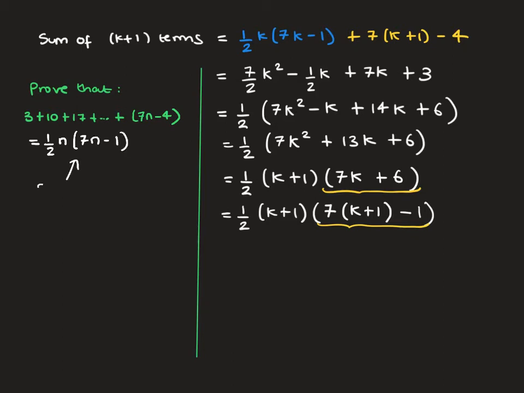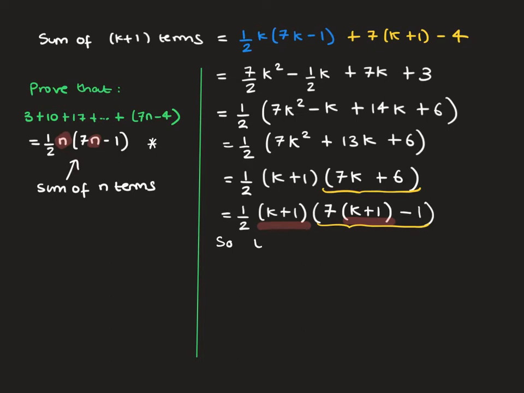So that's the sum of however many terms. Now, look at the result we have got. Can you see, in place of n, we have k plus 1, here and here. So what we have done is we have added together the total of the first k plus 1 terms, and we have proven that it takes the same format as the formula we are trying to prove.